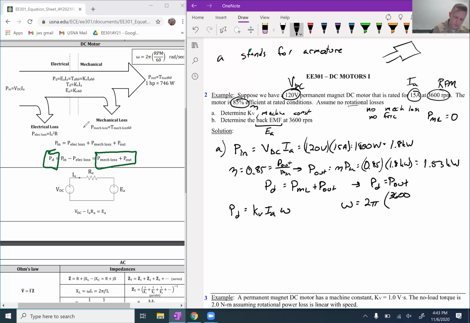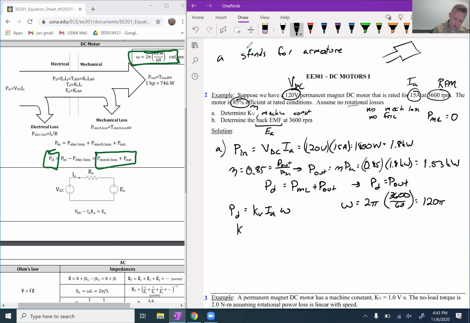This is from the top right equation up here. 3600 divided by 60, and it's going to convert my RPM into radians per second, which is 2 pi times 3600 divided by 60. We'll go with 120 pi.